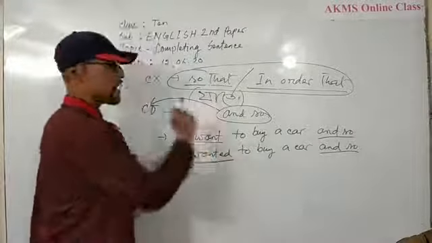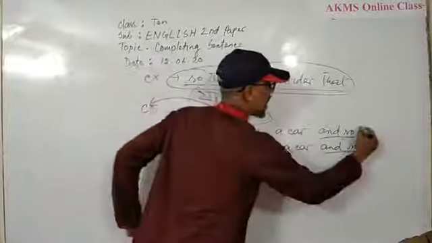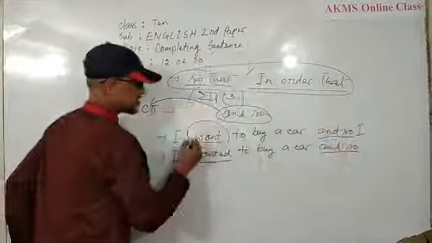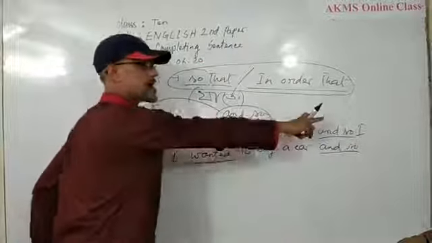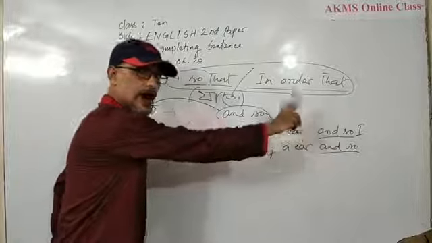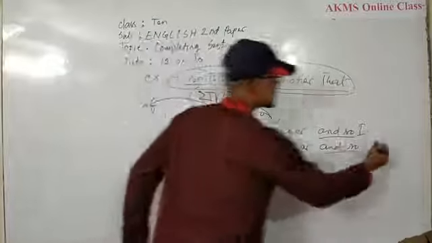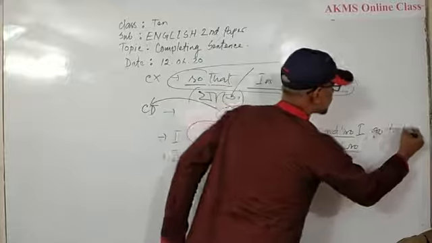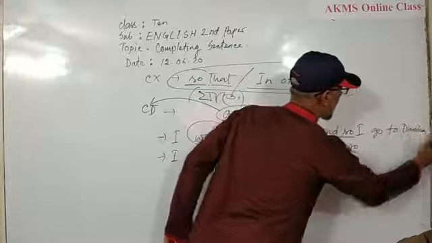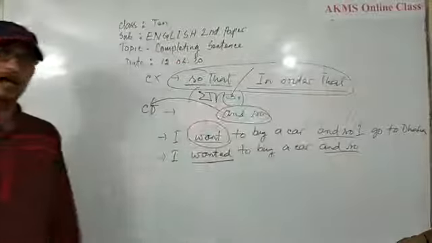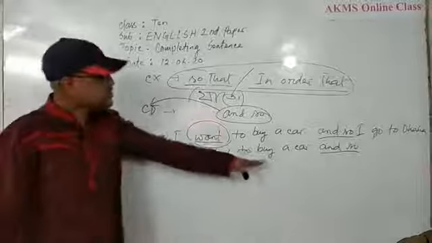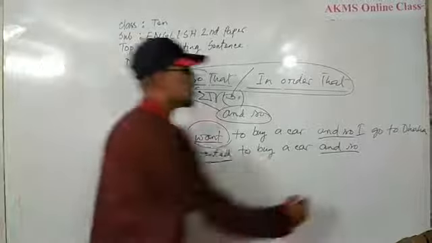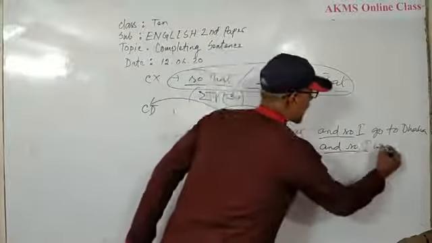I want to buy a car, and so I. This is in present tense. You should write the verb 1 of the sentence. And so I go to Dhaka. I wanted to buy a car. And so I went to Dhaka.